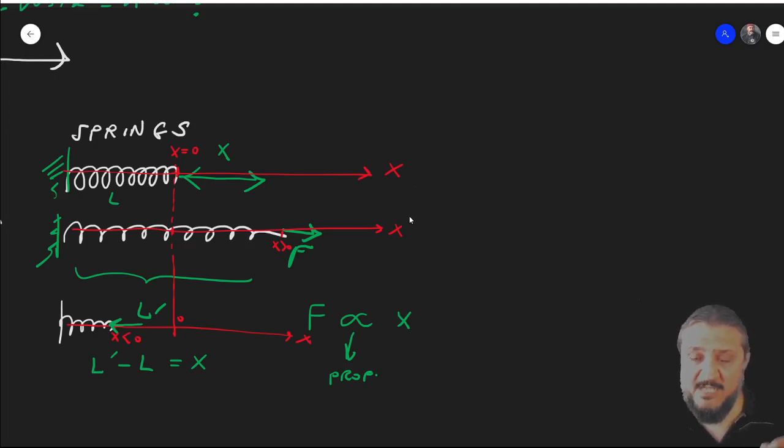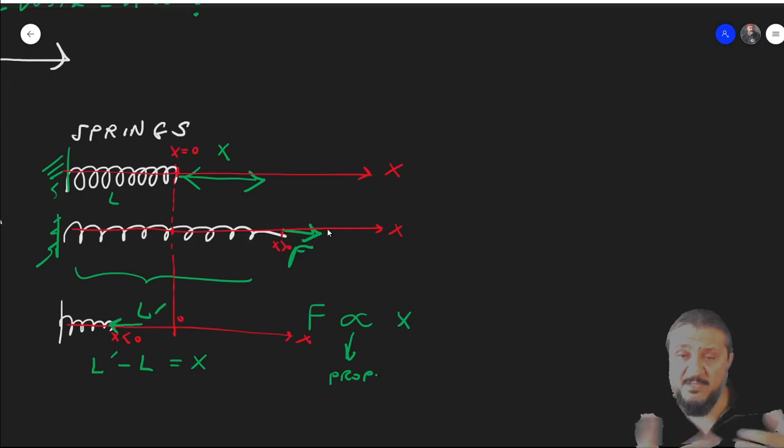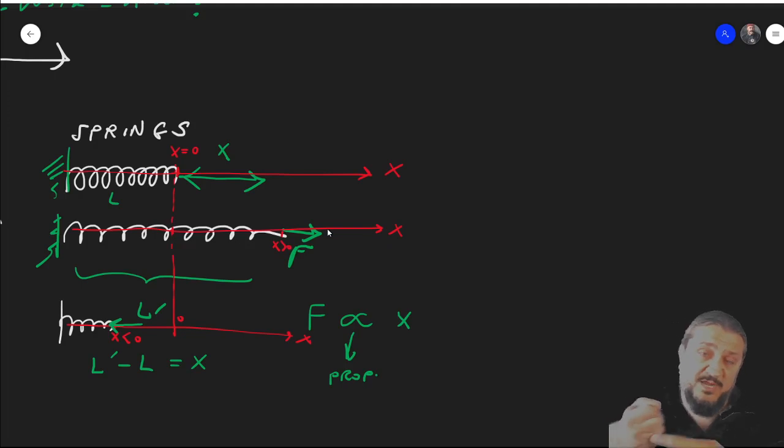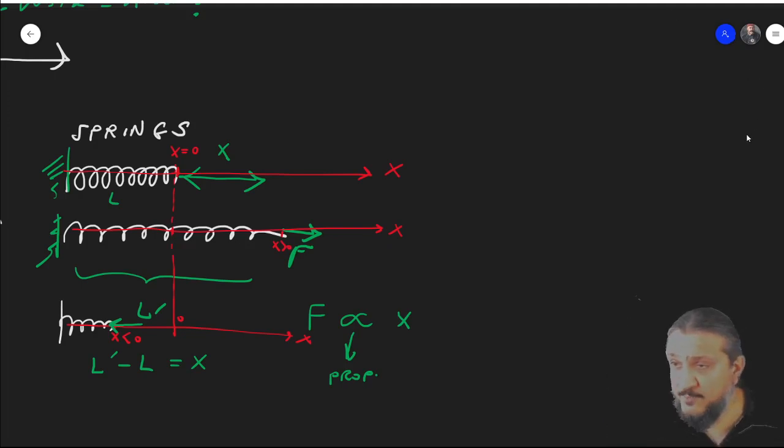So here's how it works. According to Newton's third law, action-reaction pairs, remember, I exert a force on the spring. In return, the spring exerts a force on my hand, right? So that force, let me use color blue, will be in the opposite direction here.